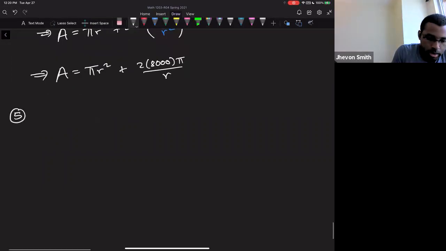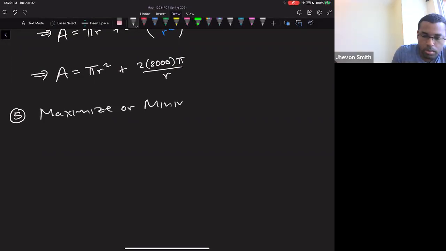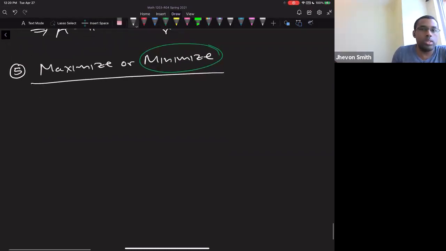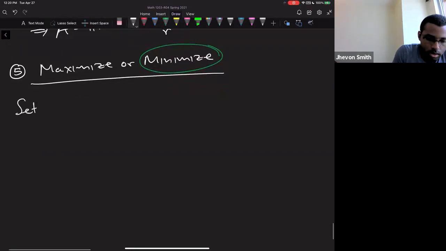Moving on to the fifth step, you want to maximize or minimize. Here, once again, we want to minimize. We are going to then set a prime equals 0 or undefined.